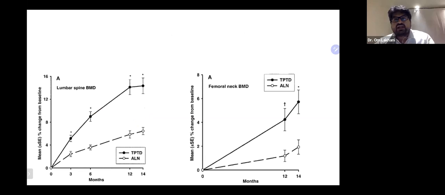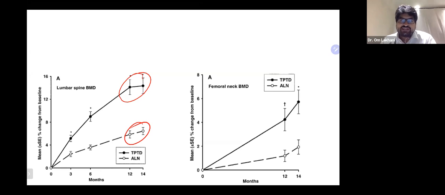Okay, you can see here a comparison between teriparatide and alendronate. This one is alendronate and this one is teriparatide, right? I think it's an unfair comparison. You're comparing, perhaps, a middle order batsman like Akshar Patel with Shikhar Dhawan, right? I think there's a huge difference.